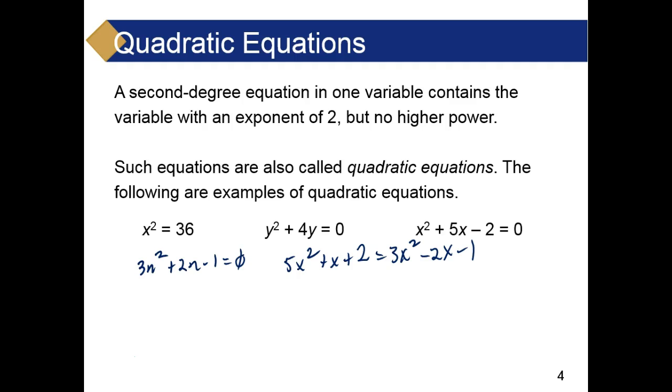So you would subtract 3x squared, add 2x, and add 1, and then this side is equal to 0, and you have standard form. So yes, that's still a quadratic equation. If one of these had been a 3 rather than a 2, it would not be a quadratic equation anymore. I just noticed they had some there they didn't have on the slide.